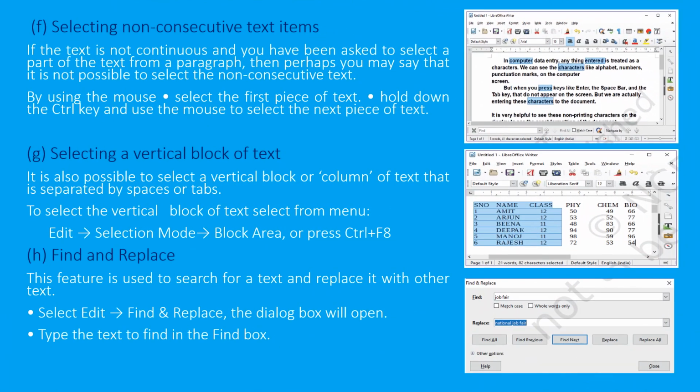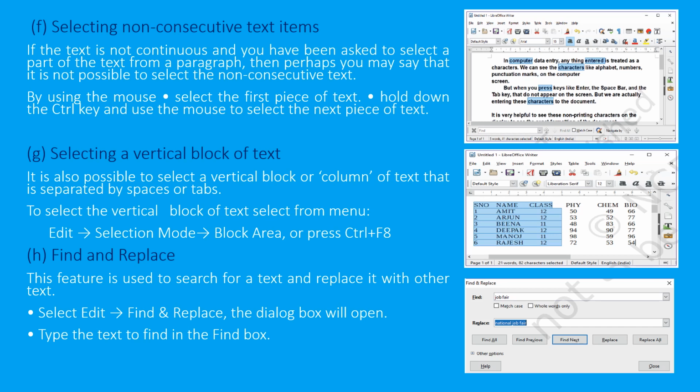So the next feature is selecting non-consecutive text items. Generally when we start selecting the text, we select the text in a continuous form, means word by word or line by line. But if we want to select a part of a text from a paragraph or a line, then it is possible by using the mouse.